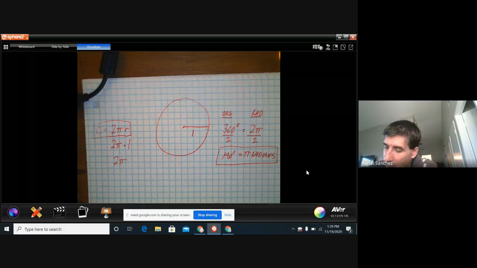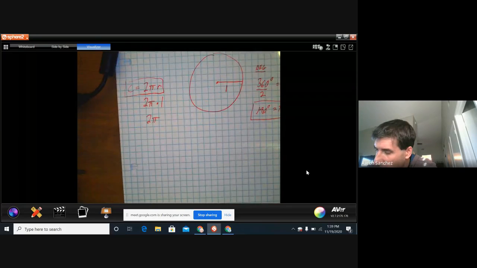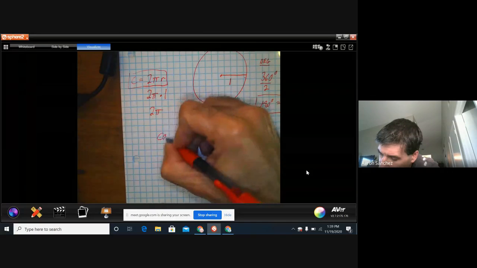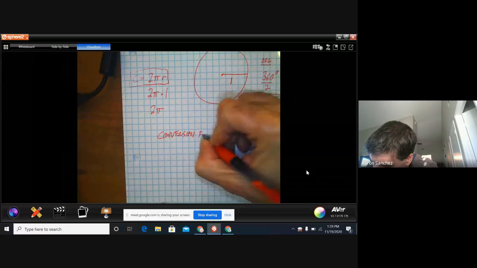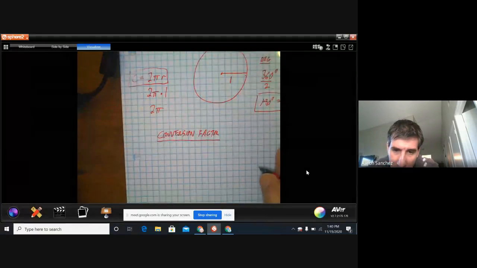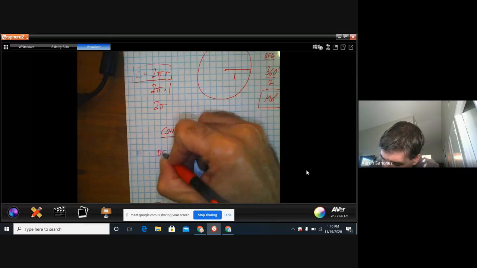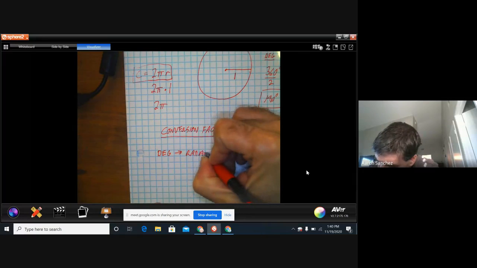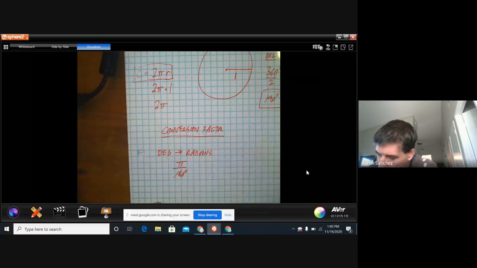Now, we're almost done here. How do we convert degrees into radians or radians into degrees? You're going to use a conversion factor. You're probably using conversion factors in chemistry. I love chemistry. To go from degrees to radians, the factor is pi over 180 degrees.